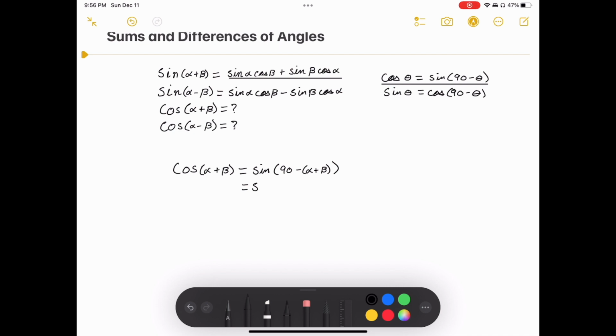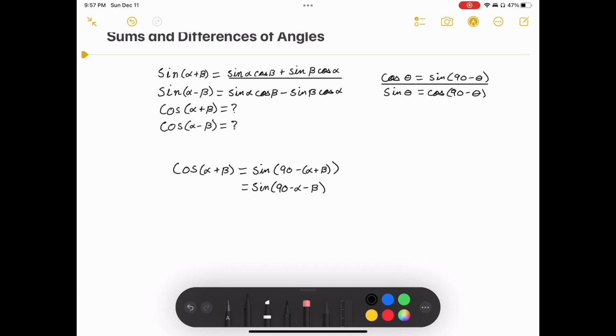Let's take cosine of alpha plus beta. What is that in terms of sine? Well, using our two identities we have up here, we can take the sine equivalent of cosine of alpha plus beta and do sine of 90 minus alpha plus beta.